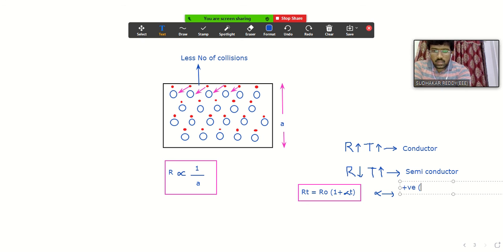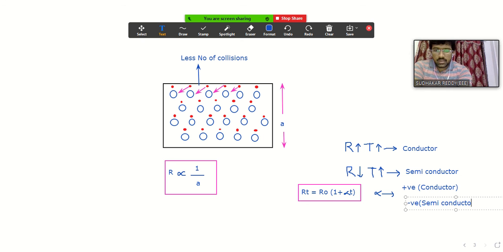If temperature increases, resistance increases, so the alpha value should be positive. But for a semiconductor, the alpha value is negative, because if temperature increases, the resistance value has to decrease.